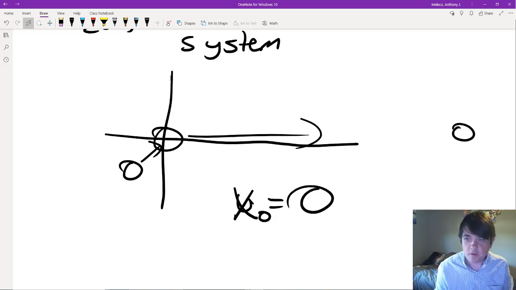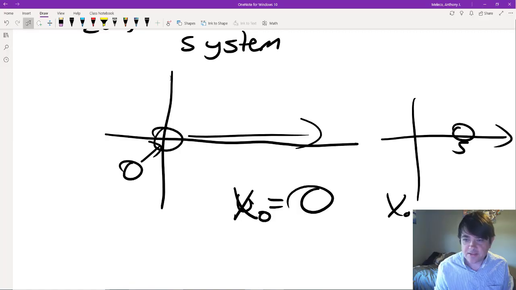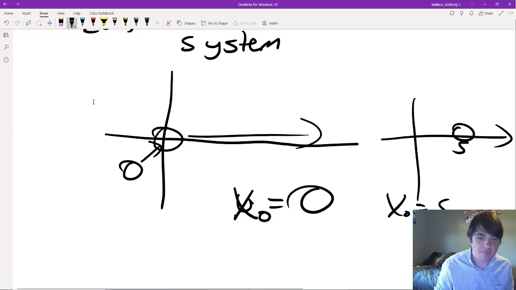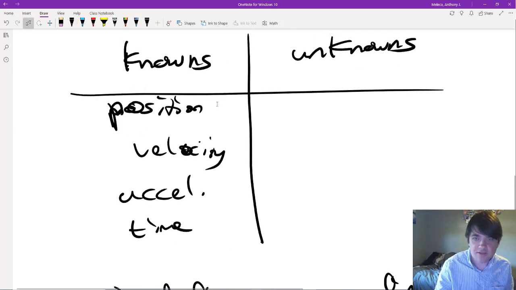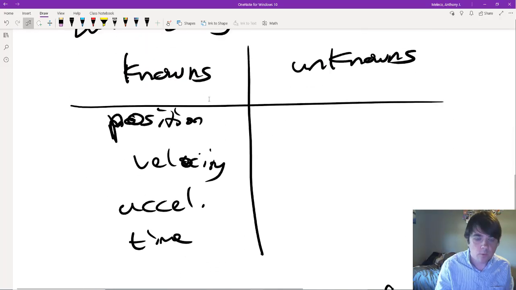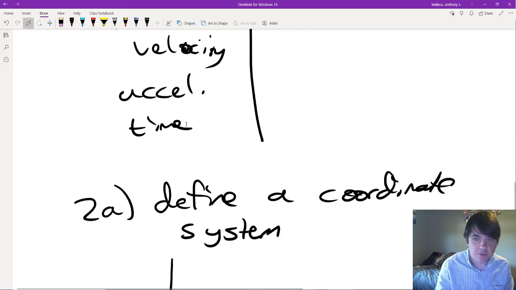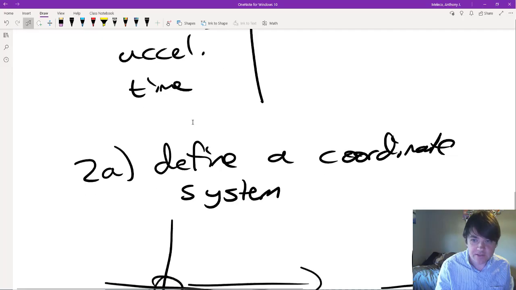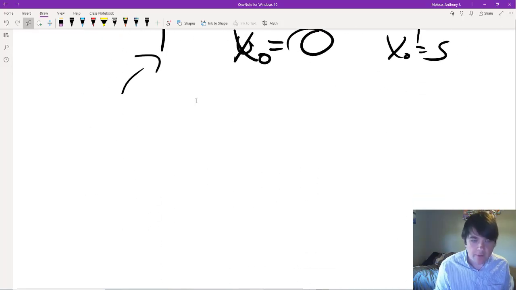Whereas if I set it over here and it's at 5 already, then x initial would be 5, okay? I'll typically opt for 0. So that's, again, part of this implicit, defined by you, okay? And so when you do your knowns and unknowns, you set a coordinate system, and I'll show you how to do that, okay?